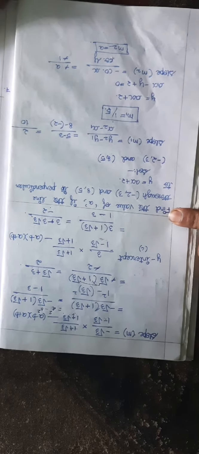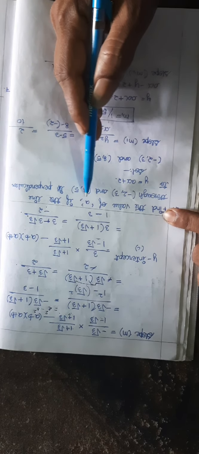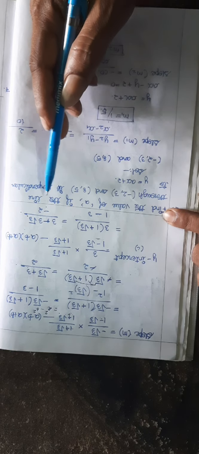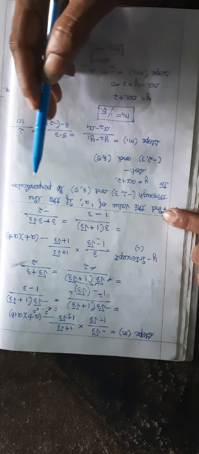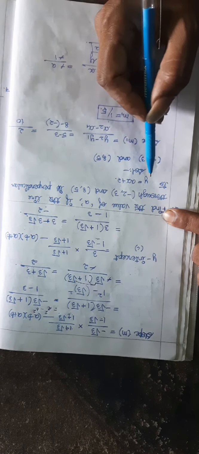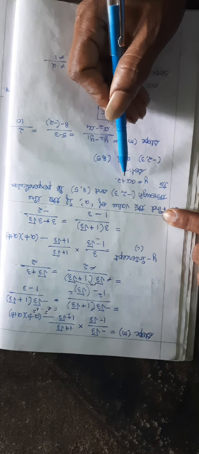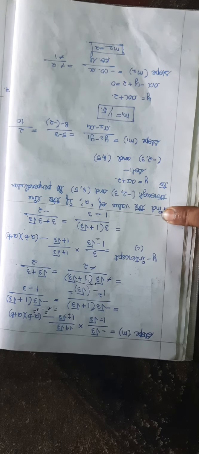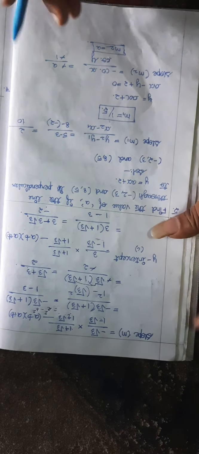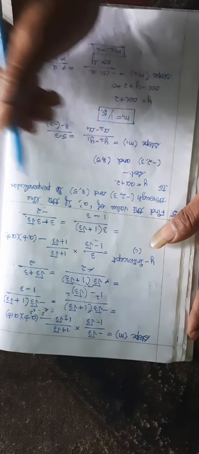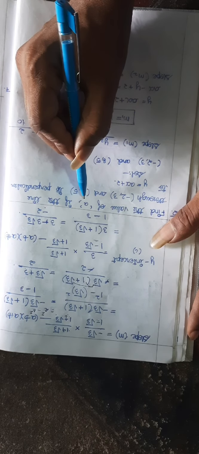See the sum, guys. What sum have they given? Find the value of a if the line passes through the points and is perpendicular to y = ax + 2. Clear? You want to find the value of a.